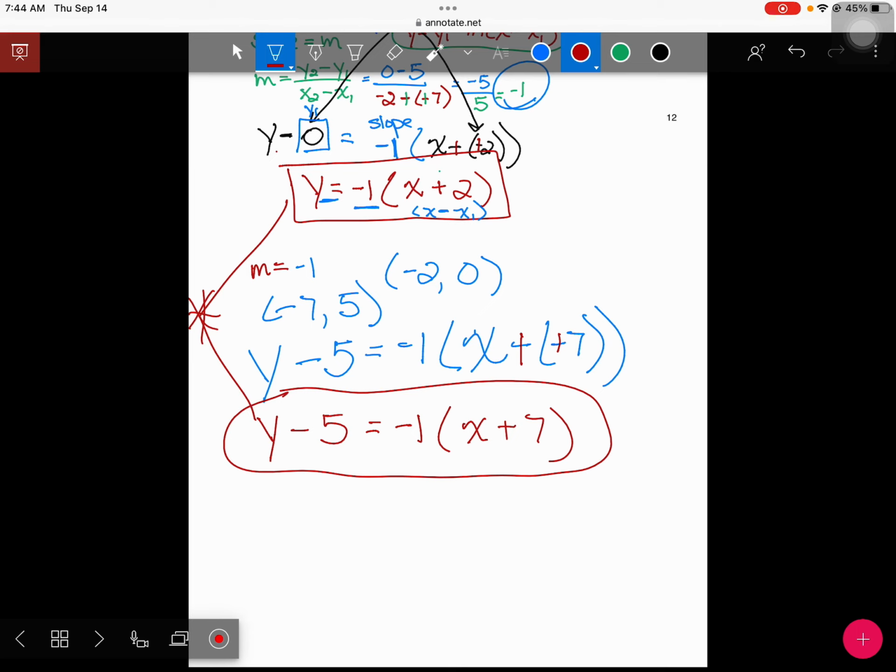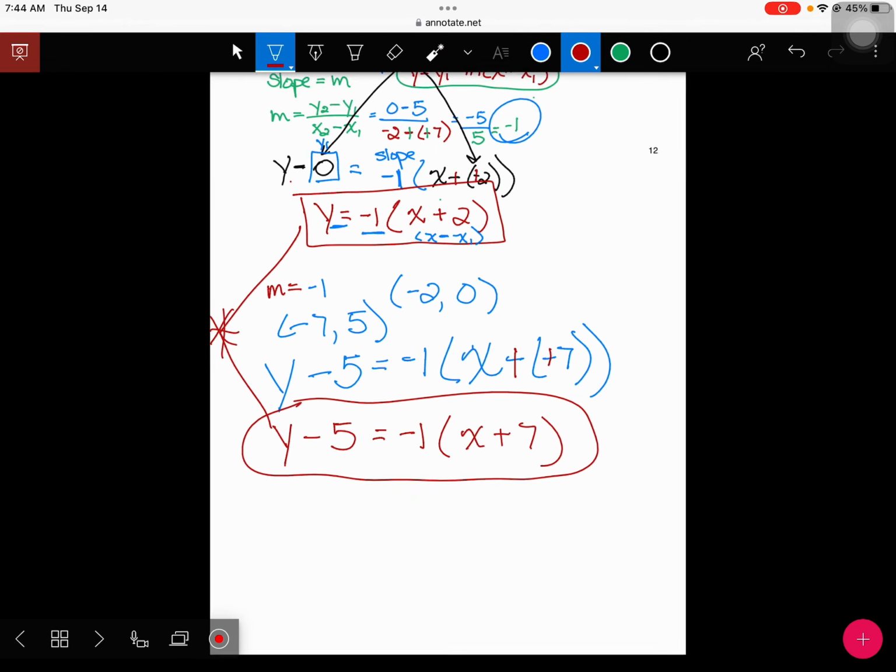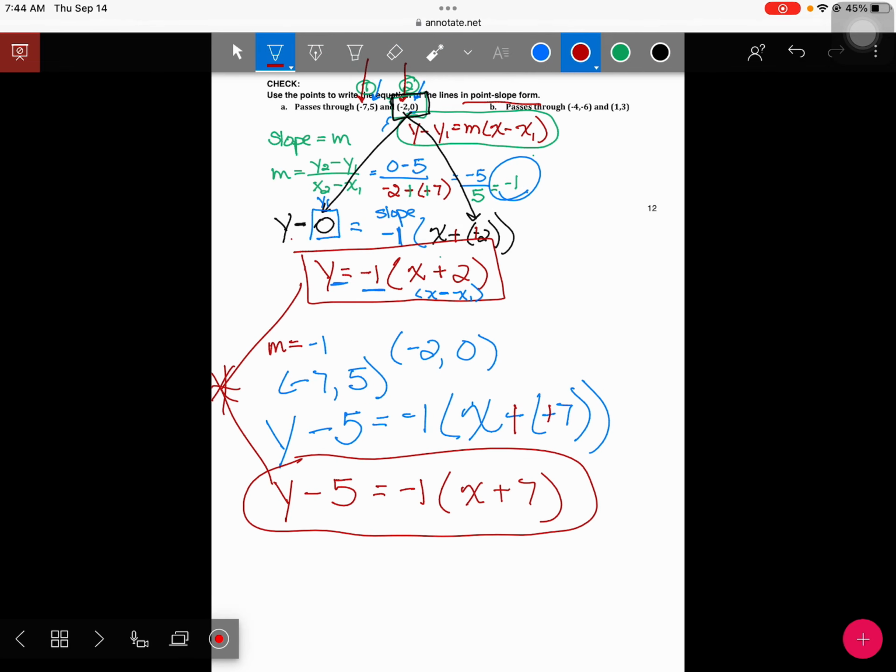Great question. Did you do it like that second problem first, or you were just curious? Right. I did that one because it had the 0 in it, and usually working with 0 makes things a little simpler. Great question. All right, let's go to the second problem now.